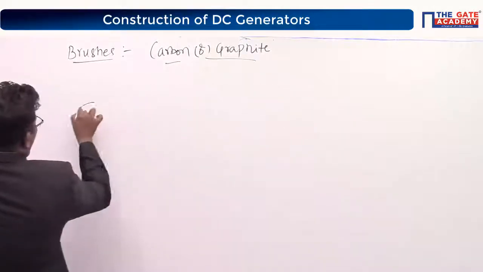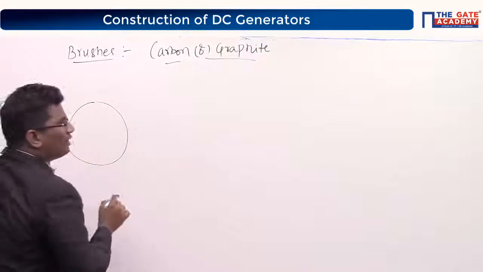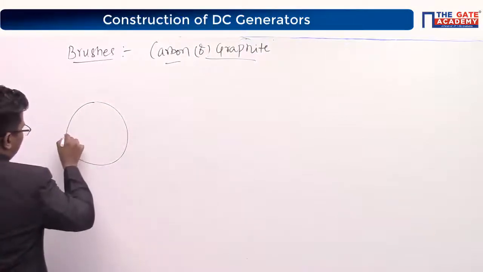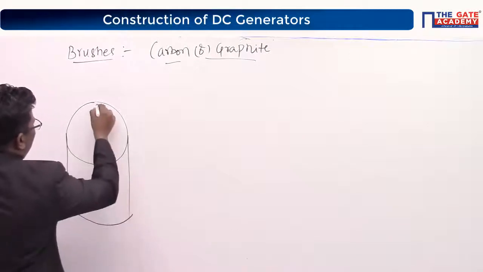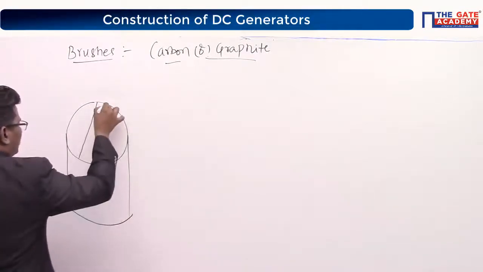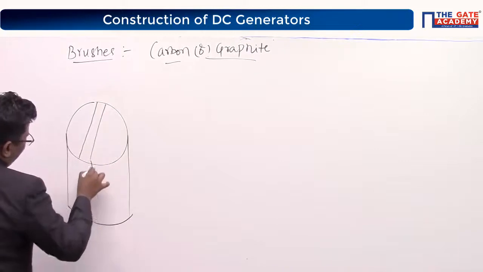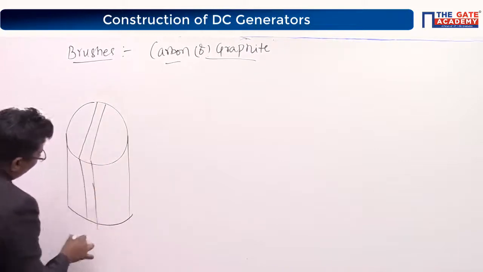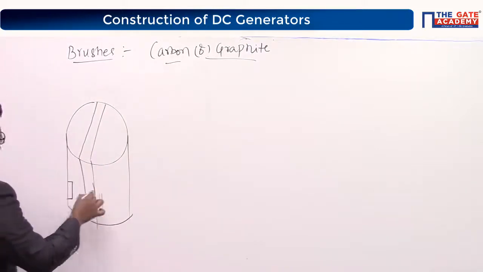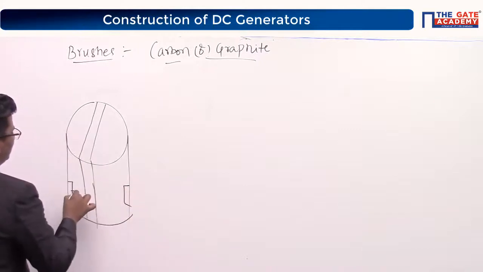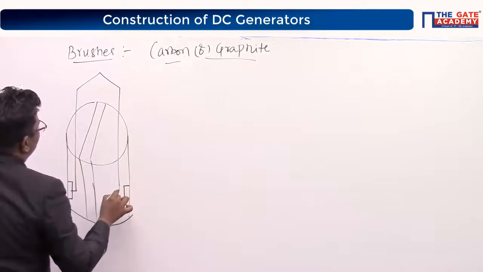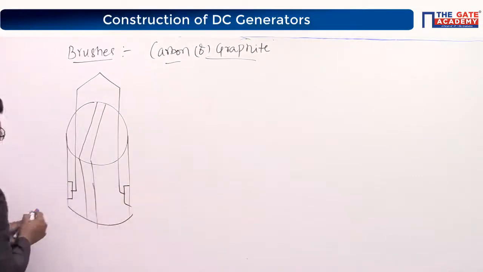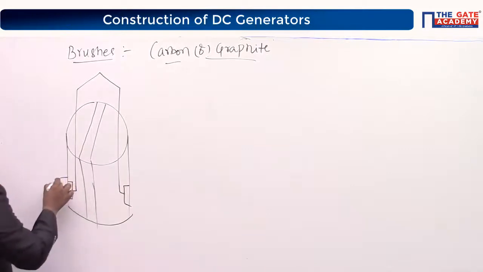Like you have a commutator segment like this, and you have an insulation medium like this. Permanently you soldered the coil. The output of this coil is taken from where?